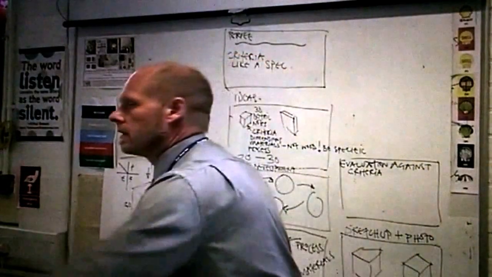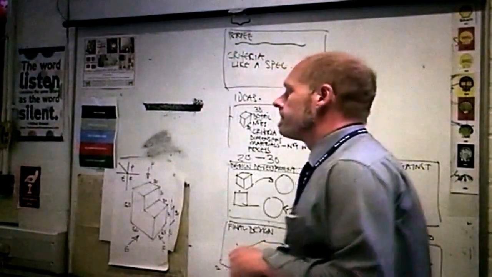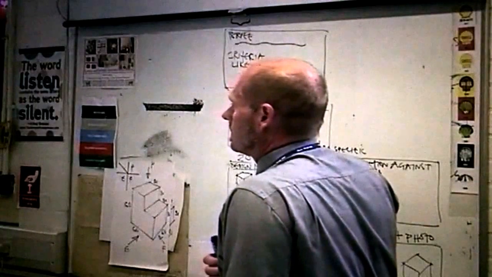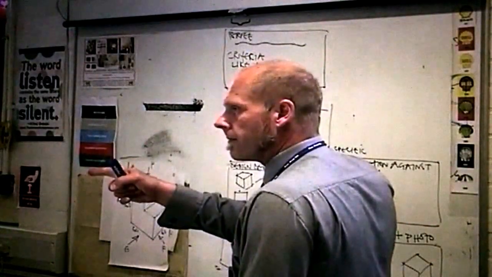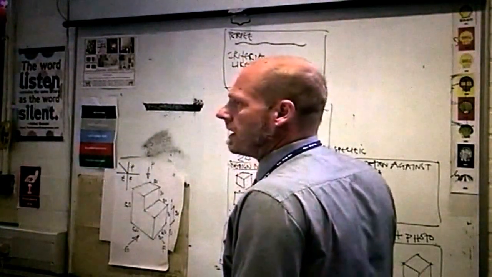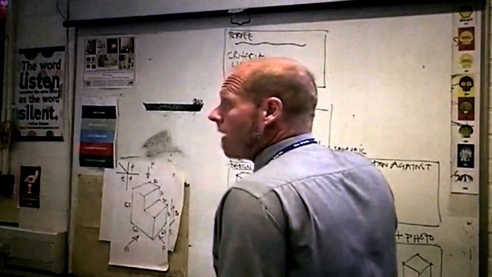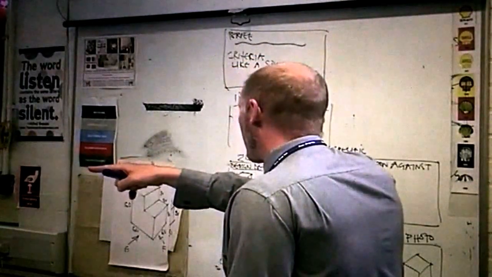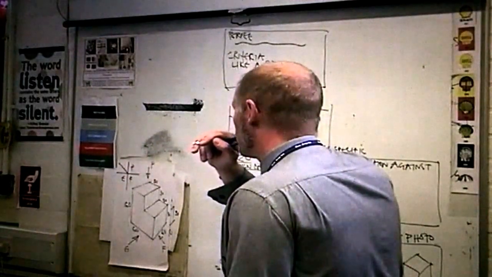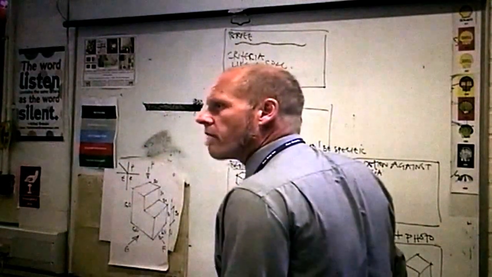"Use a range of communication techniques for media, including ICT and CAD." Hold it there. Where have we shown ICT and CAD in this? That's one thing, but does it say variety? What did it say? Range. Is one a range?